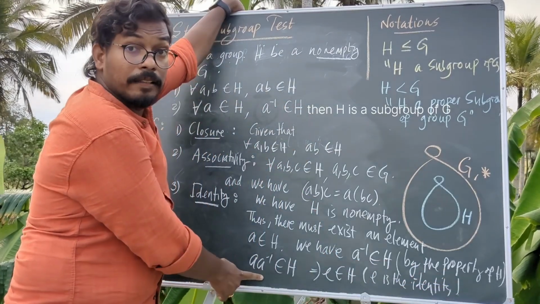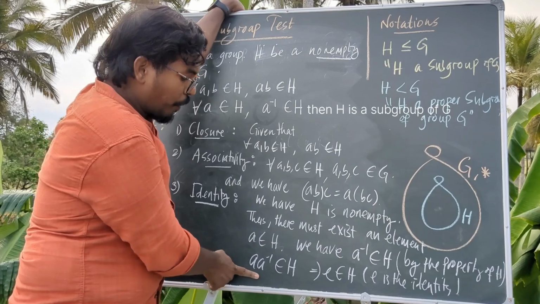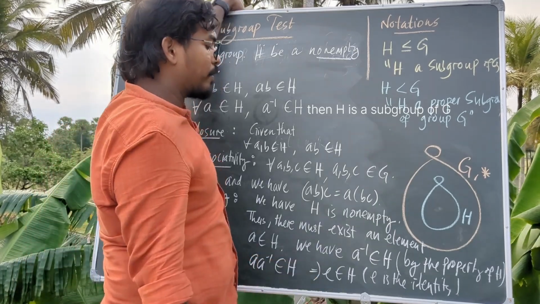A and this is the inverse of A. If they are combined, it will give the identity.